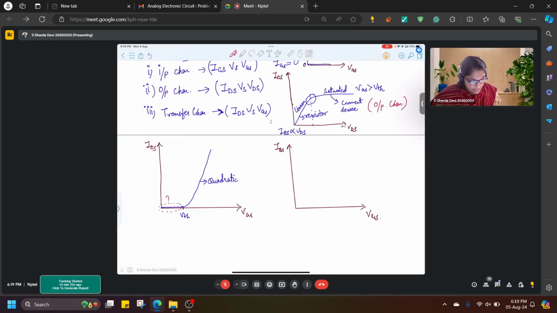What about this region? Is the current zero or is there some current? What are your guesses or your opinions? Will there be any current below VTH or it will be zero? Ideally, it should be zero.